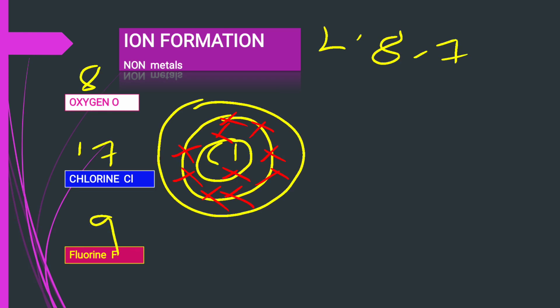So we will have 1, 2, 3, 4, 5, 6, 7 electrons.